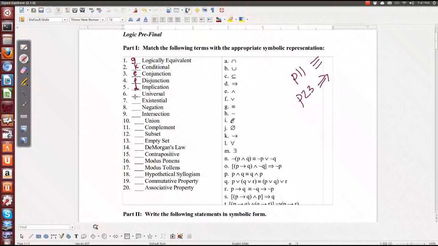For our universal set, which for some reason is not showing up on the screen, that should be choice L.